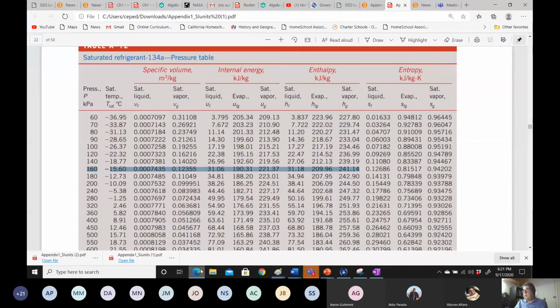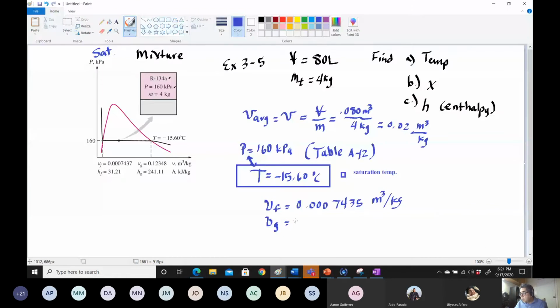And then v sub g is equal to 0.12355 meters cubed per kg. This is going to help you. Actually, I didn't realize I had these right here.